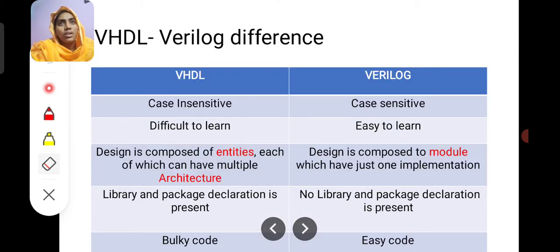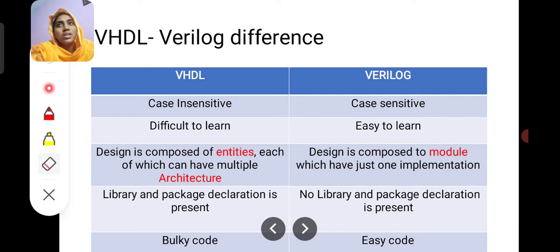So there are some differences between VHDL and Verilog. VHDL is case insensitive, whereas Verilog is case sensitive. In any programming language, we have keywords.